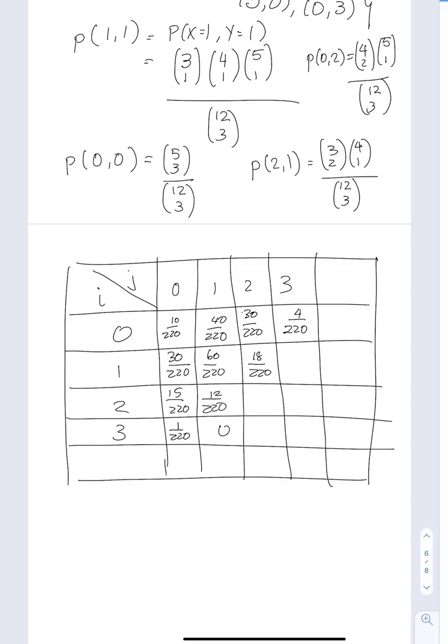You cannot pick 1 red and 3 white because you're only picking 3 balls. So all of these where the sum of I and J is bigger than 3, they have to be 0.